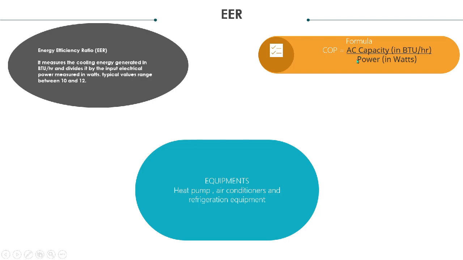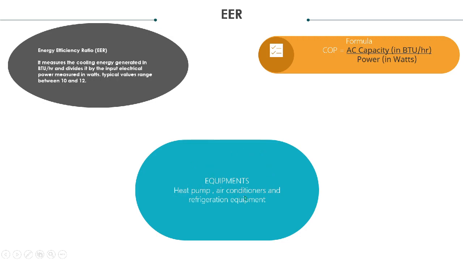So you can get these values from the manufacturer catalog and you can just calculate the EER. In most cases, the manufacturer data sheets themselves mention the EER rating of an equipment. So what are the equipments using this EER rating?